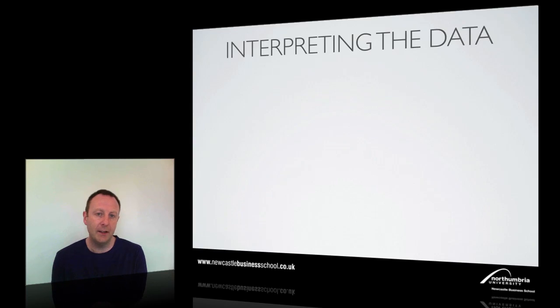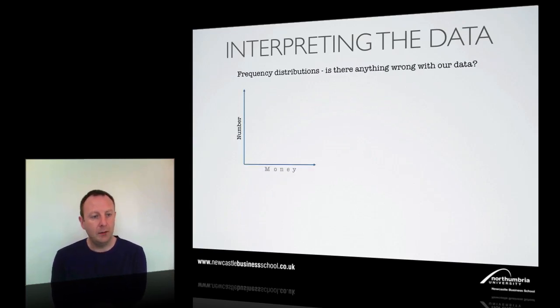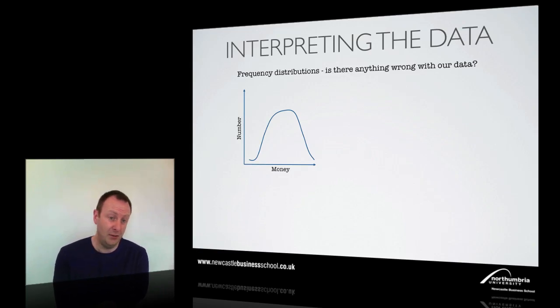So once we've collected that data, what do we do with it? Well, like most data of this type, we need to analyse it in a variety of statistical ways. The first thing that we might look at are the frequency distributions of the data, simply to see whether the data is essentially normal, or is it strange in some ways, skewed towards one end or another.